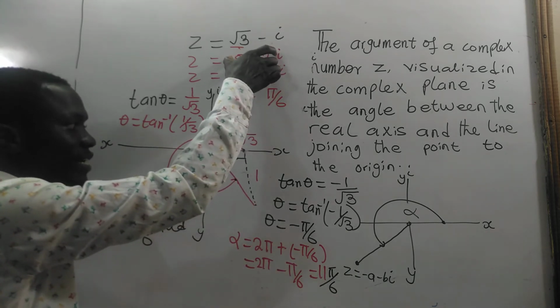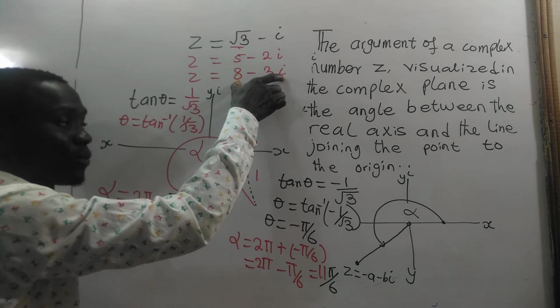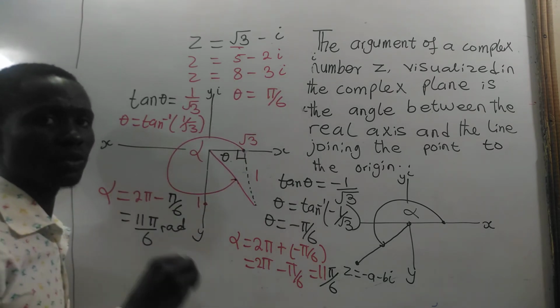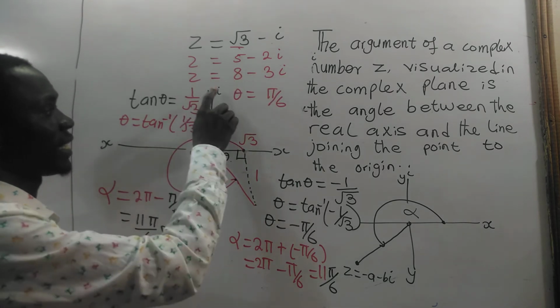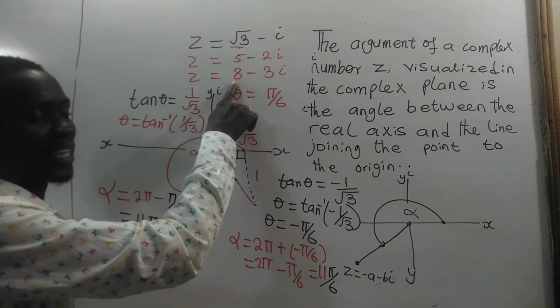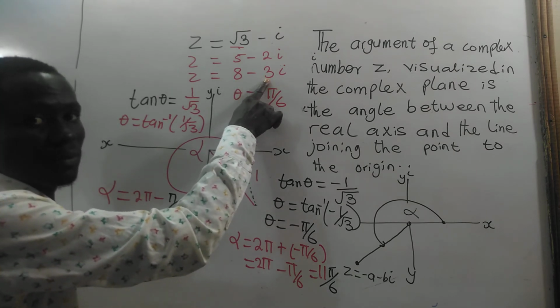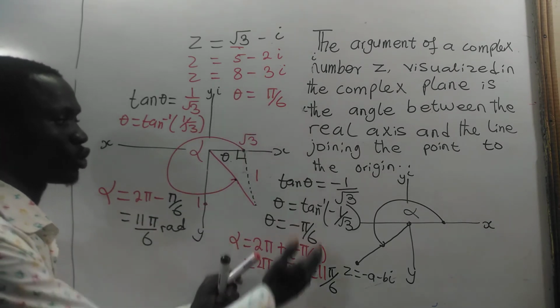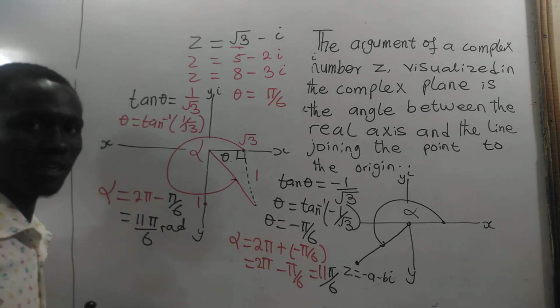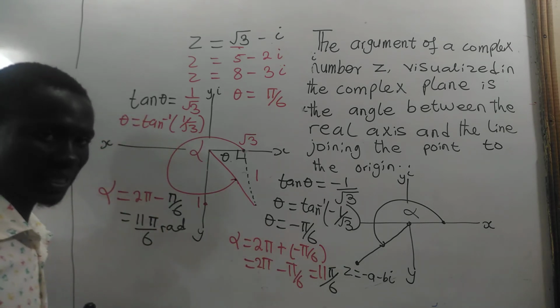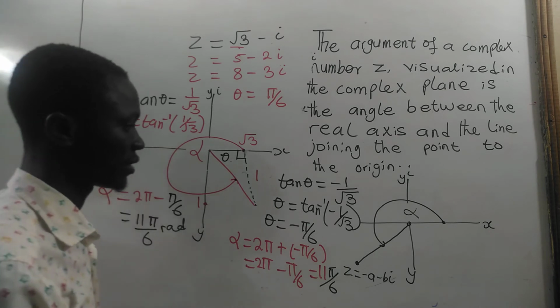So you apply the same formula to this, the same formula to this, and the same formula to any complex number that has a positive real part and a negative imaginary part. So you can solve it this way or that way. Very simple as that. Now let's move on to the next one.